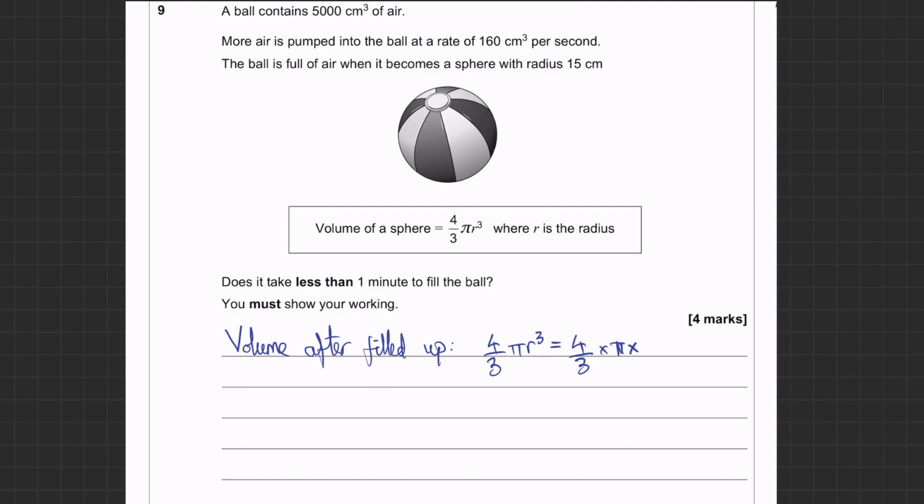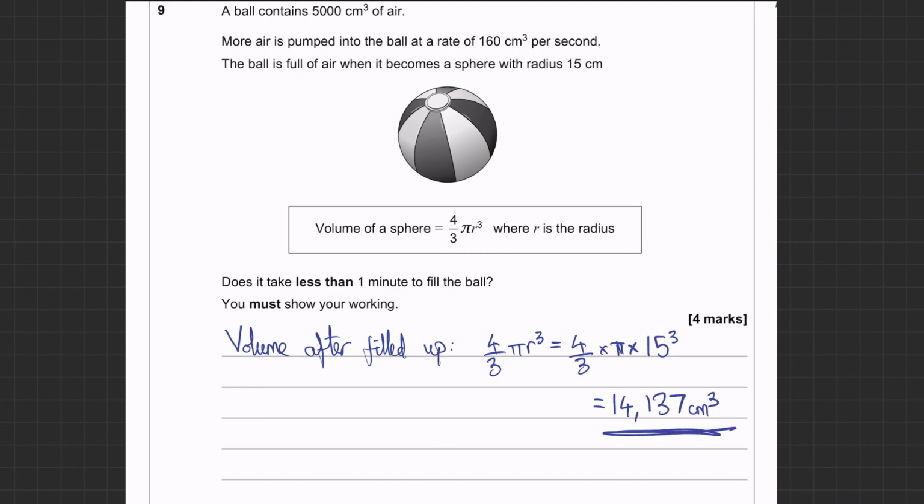The radius, it's given us, is 15 cubed, which, typing that into your calculator, will give us 14,137 to the nearest whole number, and that will be centimetres cubed. So that's 1 mark already.